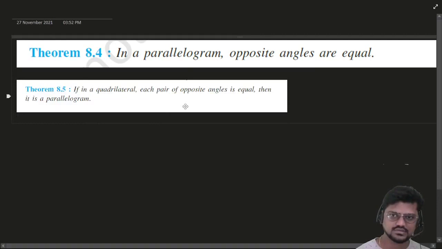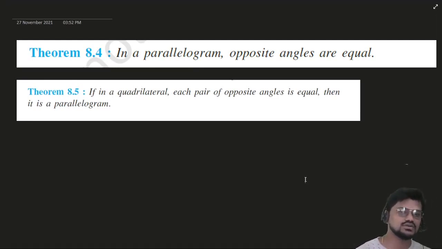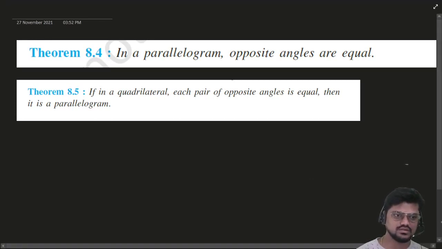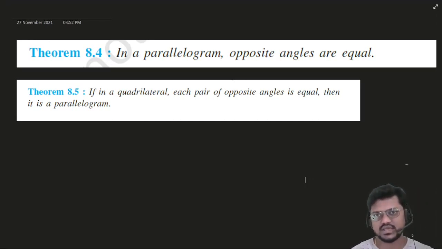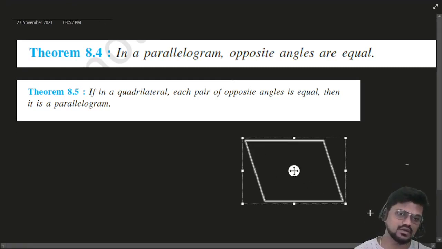The next is this. That is, if in a quadrilateral each pair of opposite angles is equal, then it is a parallelogram. It is just the converse of this. But how do you do it? Do you have confusion in it? Can you explain? Yeah, fine. See, again, I'm drawing a quadrilateral, but I don't know whether it is a parallelogram or not.